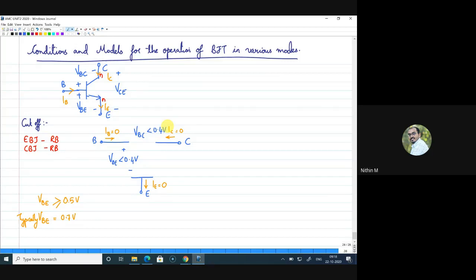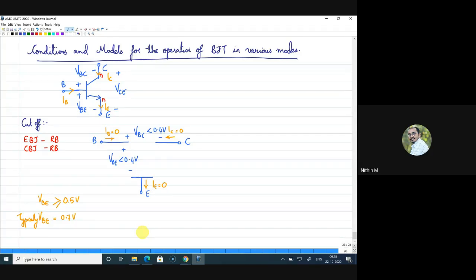So how will I mark here? This is plus minus, this is also plus minus, collector base junction. Are there any questions on this? I am considering the cutoff region, both junctions reverse biased. I told that for a PN junction to be forward biased, generally more than 0.5, the transistor will turn on and show a little amount of current. The typical value we generally take is 0.7.